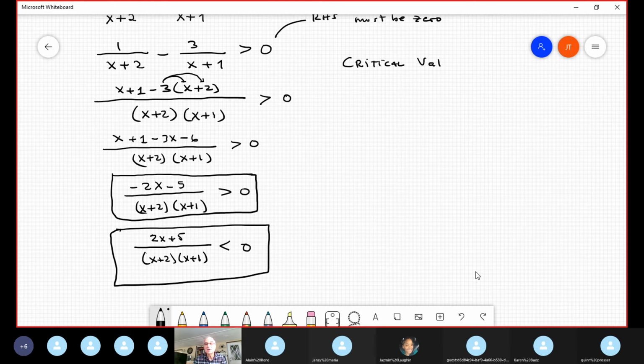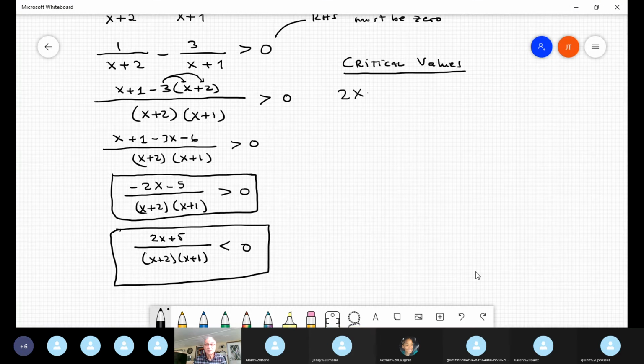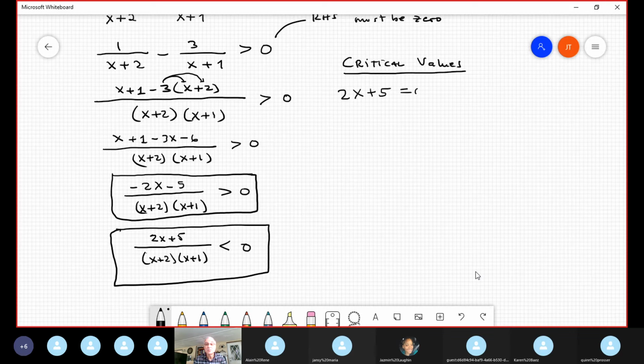Critical value is zeros. But 0 of what? Of the top or the bottom? Both. So you copy 2x plus 5 equal to 0. It's 2x equal minus 5. Divided by 2 both sides, es negative 5 over 2, que es negative 2.5 in decimal, no? I put in decimal to see much better, right?